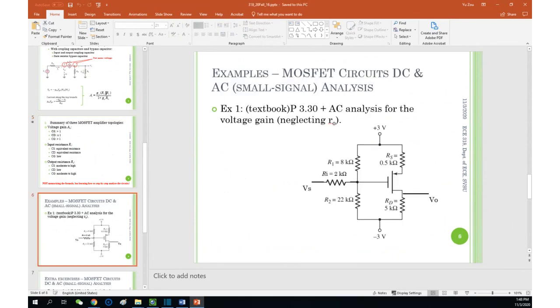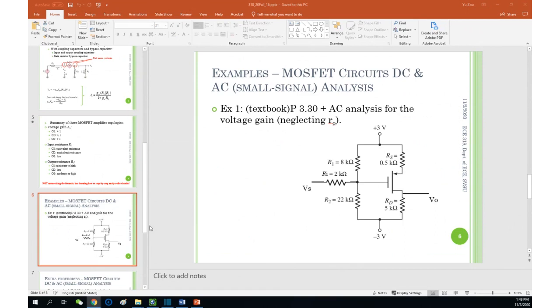And any questions? I'm seeing a long question. I'm too lazy to read your question. Can you speak out, Kevin? Will we be given VA during the exam so that way we know if we need to ignore ro? Or if it's not given, do we assume that means we can ignore ro?